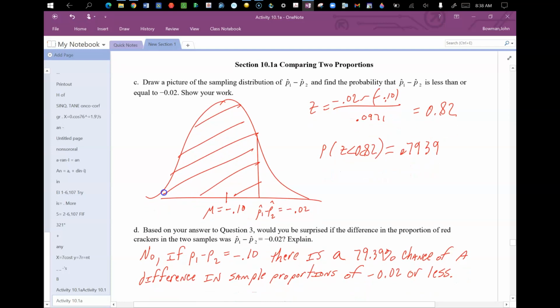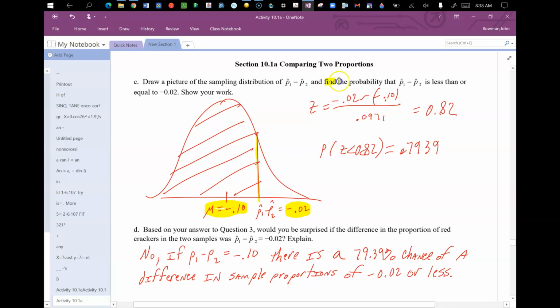You should draw a picture of these things to make sure it makes sense. Here at the center of our distribution is the mean of our sampling distribution. Above that, because negative 0.02 is larger than negative 0.10, is the difference in our sample proportions, and we are finding the probability that the difference in sample proportions is less than or equal to negative 0.02, so we're finding the area on the left that is shaded.